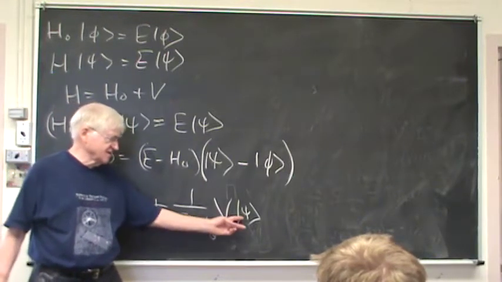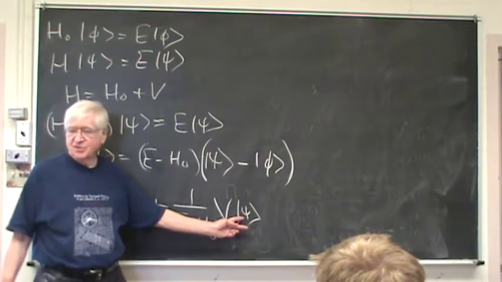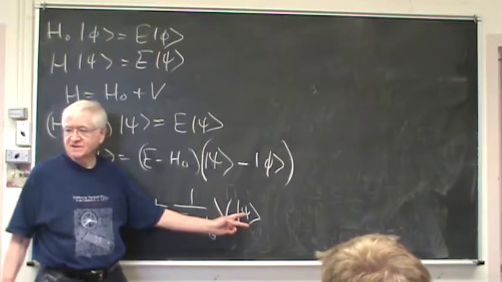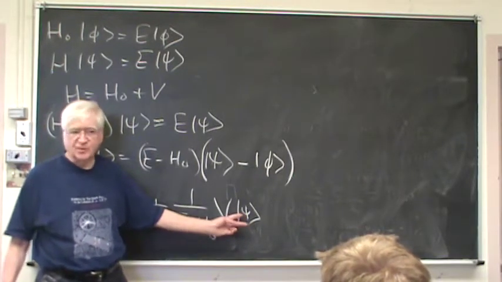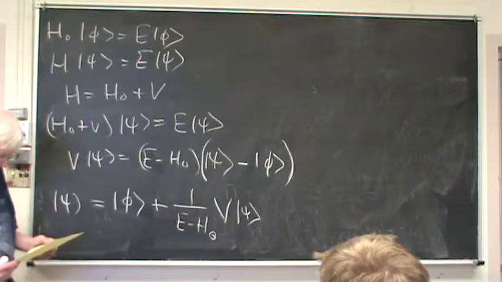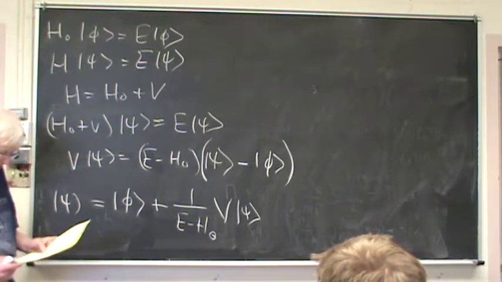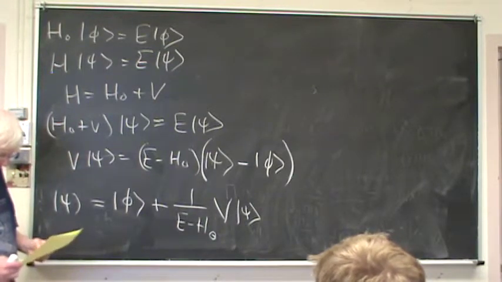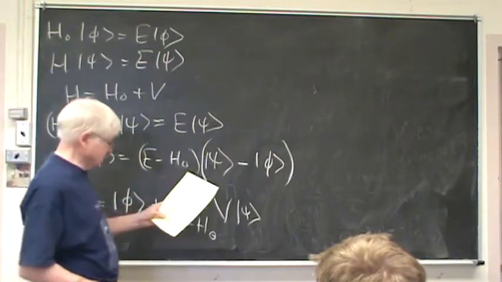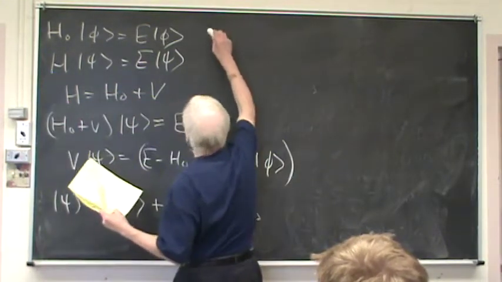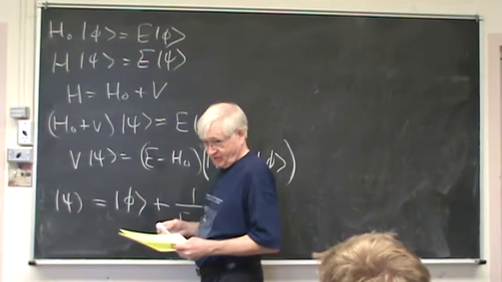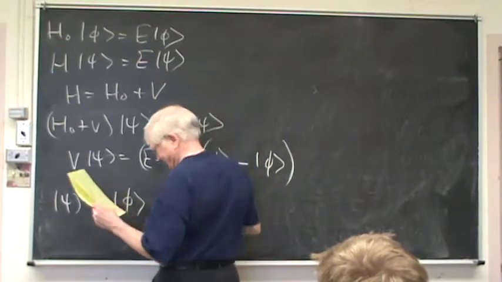On the other hand, we've got the unknown on the right-hand side, so we're not done by any means. And the next step, which I imagine Lippmann and Schwinger took, Schwinger was very sharp, I must say.